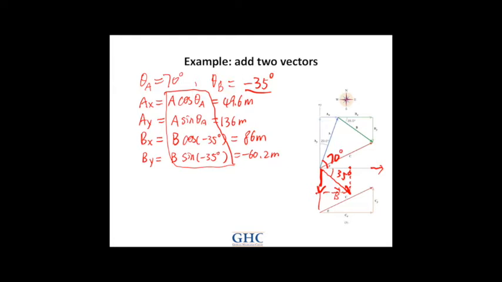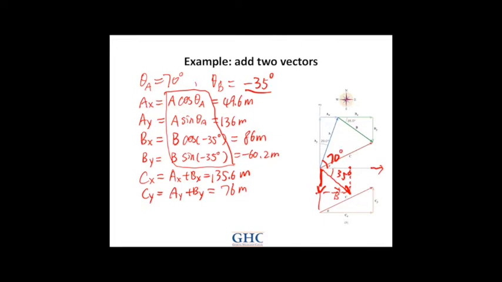And then it will be very easy. We can find the x component of A and B and add them together. Ax plus Bx equals 135.6 meters, which is Cx. Ay plus By is 76 meters. And what about the angle of C?